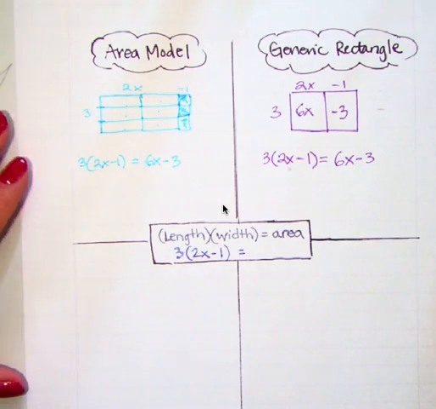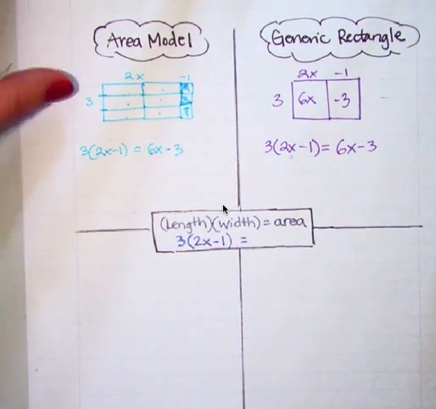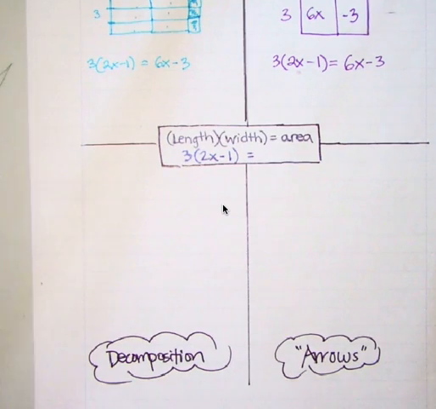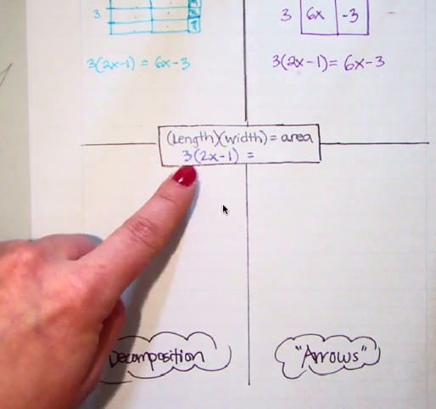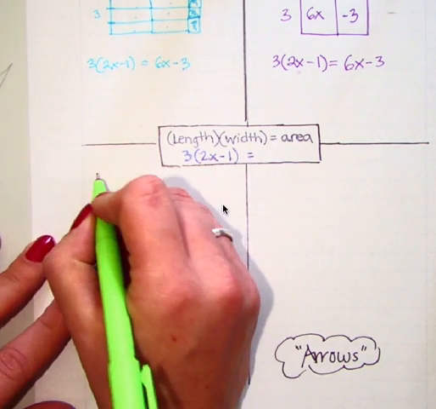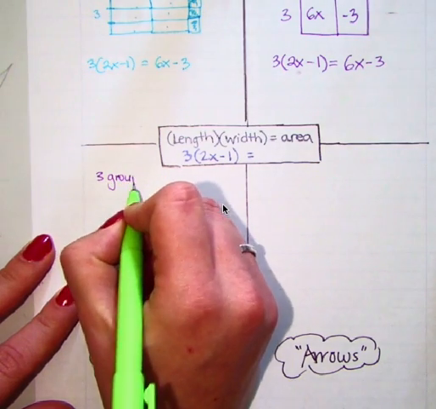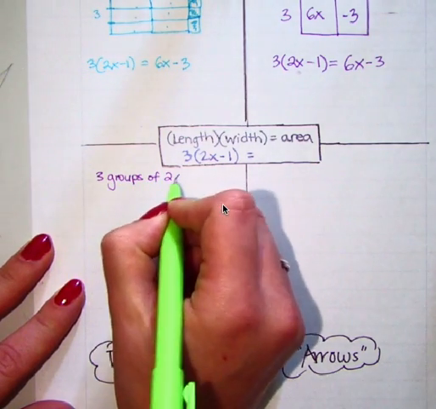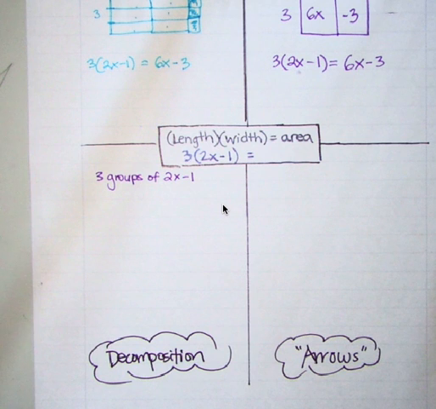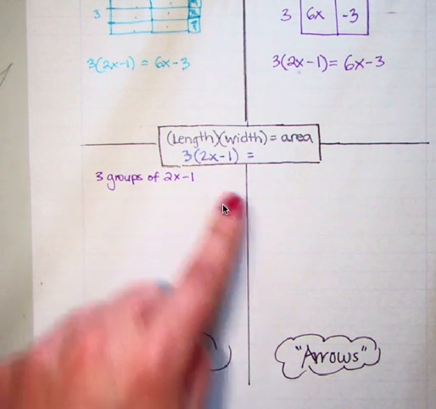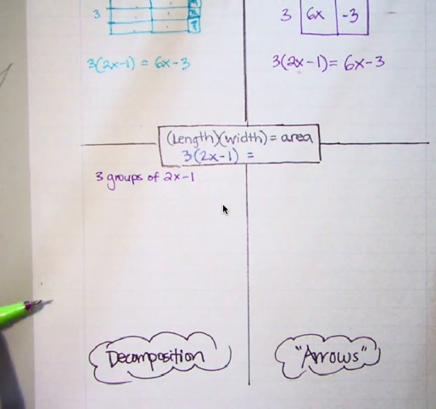All right, moving along to our third method, and that method is called decomposition. So what this actually means is 3 groups of 2x minus 1. So if I just want to talk about 2x minus 1, what I'm really talking about is these pieces right here.